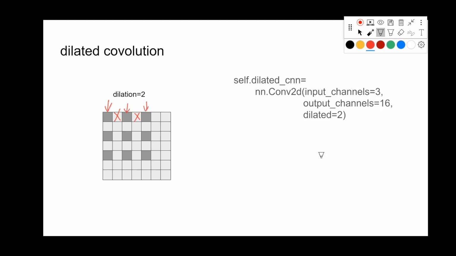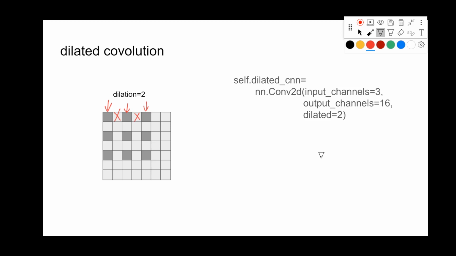So it is a technique which can expand the kernel by inserting holes between its elements. In simpler terms, it is the same as convolution, but it involves pixel skipping, so as to cover a larger area of the input. Therefore, the dilated convolution can extend the receptive field at the same computation cost.